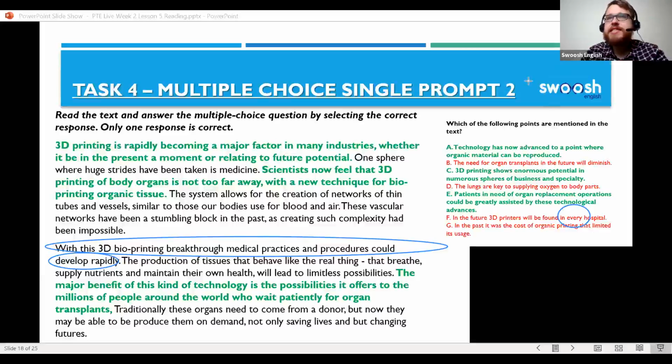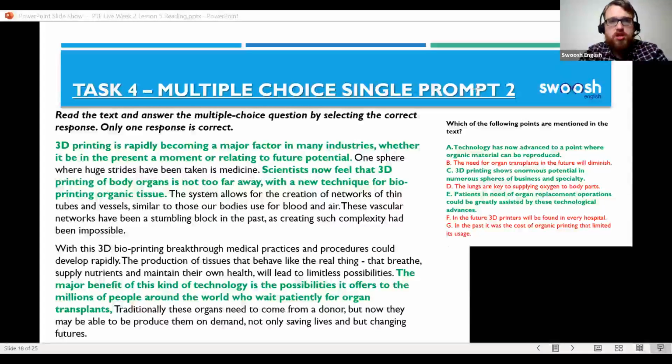What about finally statement G? In the past, it was the cost of organic printing that limited its usage. Did we find anything which talked about the cost of organic printing being this thing that stopped it from taking off as being incredibly good? Basically, its number one use today is how it's been used as a very, very useful technology in saving lives and creating organs for people who maybe have organ failure.